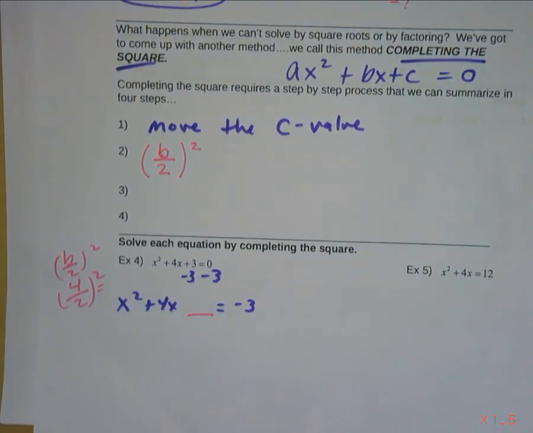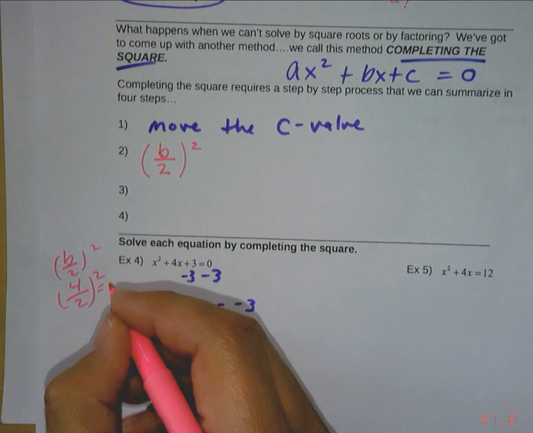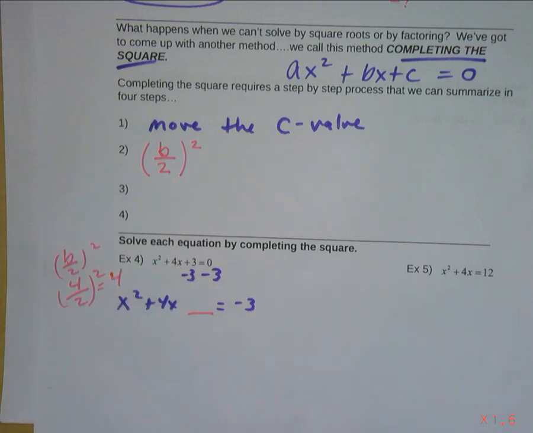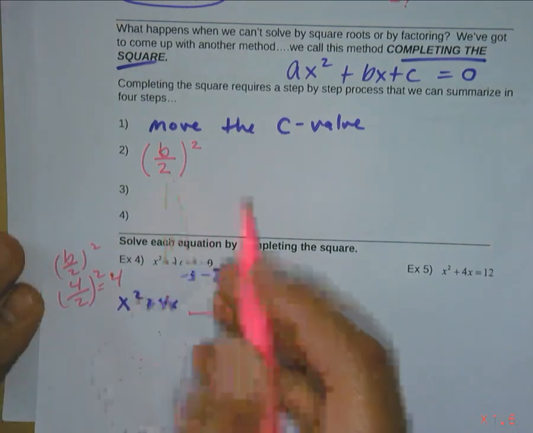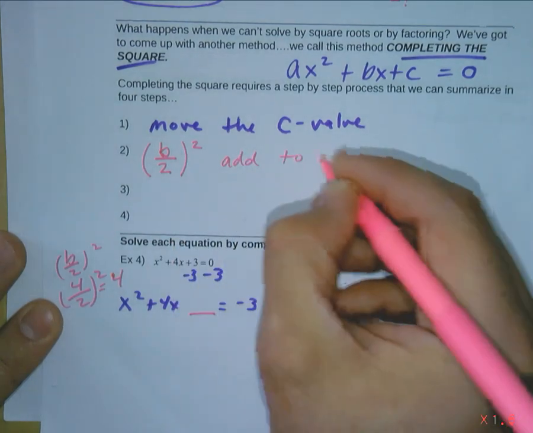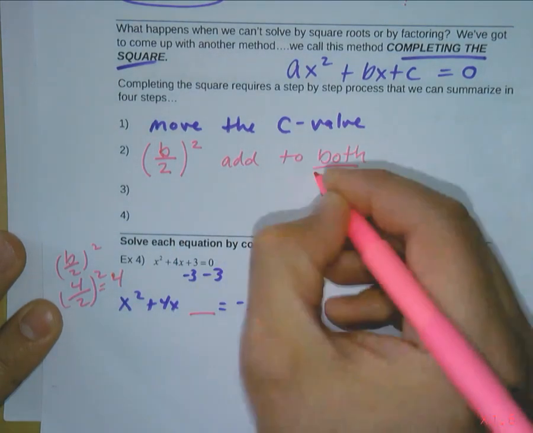And we can do that in our head. What's 4 divided by 2? 2, and then square it. What's 2 squared? 2 times 2 is 4. Okay, so we're going to take b over 2, square it, and we're going to add it to both sides.